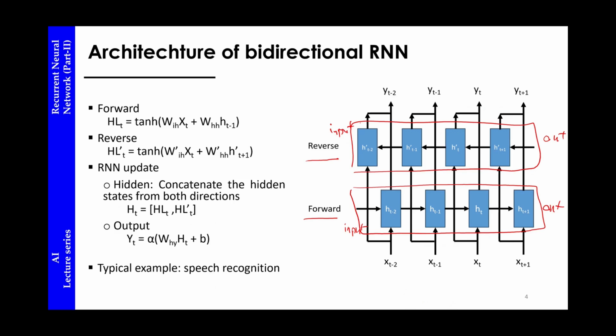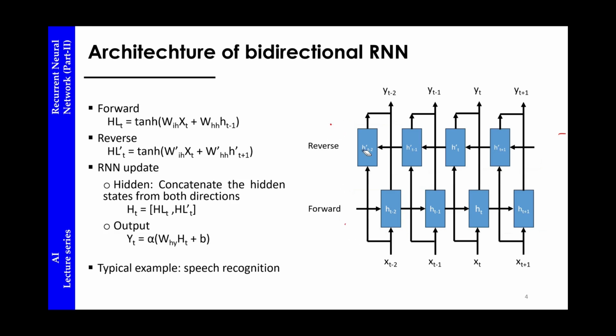If we couple these two, we get a bidirectional network. The important point in this architecture is that each output, like Y_t here, receives input from both the forward network and the backward network.